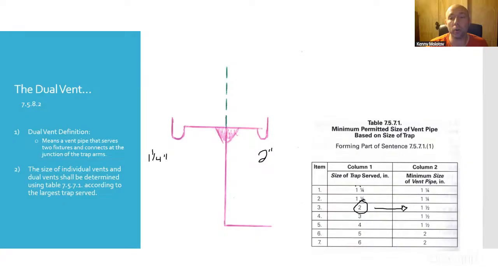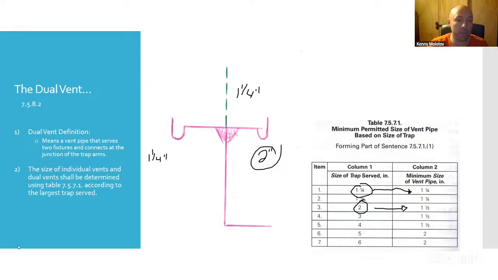The 1.25 inch trap only requires the 1.25 inch vent, but we are never allowed to downsize in our plumbing or our venting system. So if we were to run 1.25 inch for this dual vent here, it would be a big no-no because we are downsizing the 2-inch trap, which requires a 1.5 inch vent.